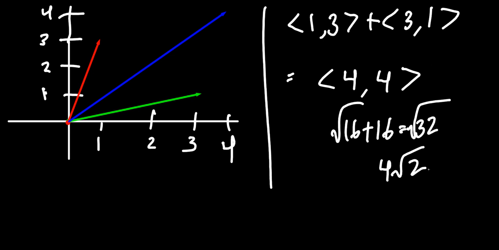The magnitude of these is the square root of 10, and this one is 4 square root of 2. So you can see that the magnitude has increased significantly, and you can also see it graphically that the magnitude has increased as well.